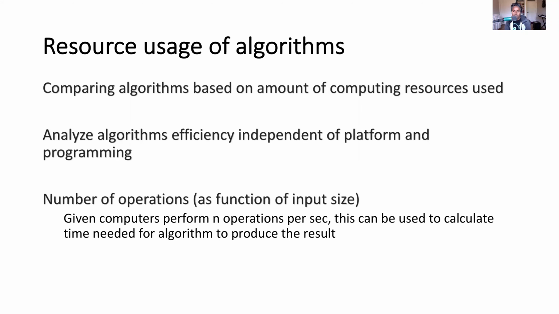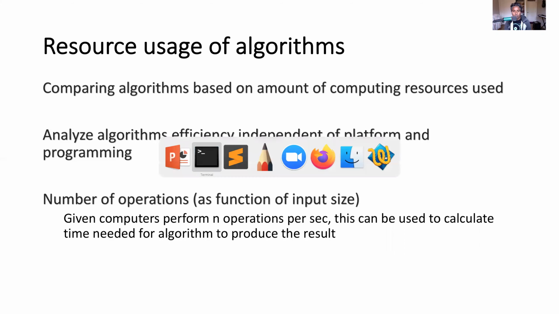Now, the first measure that we have is computing the number of operations as a function of input size. So for an input of size n, how many operations will your algorithm need to do in order to generate a result? That's what this means. As a function of input size n, how many operations is it going to take for your code to generate a valid result?